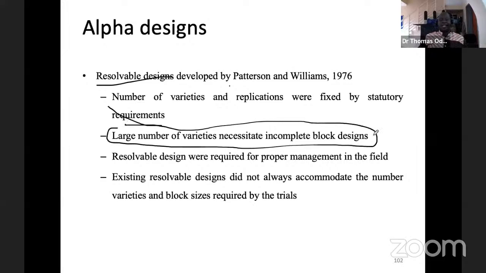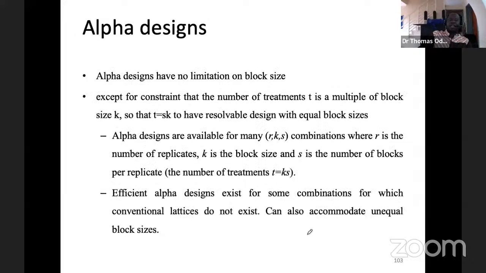And then the issue of field management was also critical in that you need to group your experimental units somehow into replications, complete sets of replication. So the existing resolvable designs by then would not accommodate all the number of varieties and blocks required by the trial. So these guys came out with a new design.